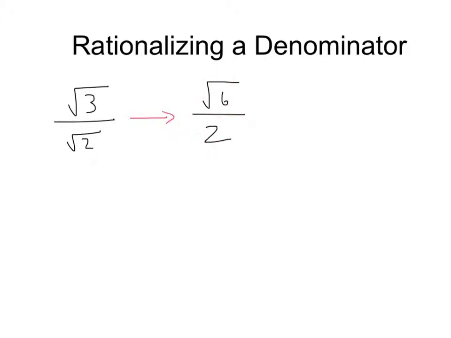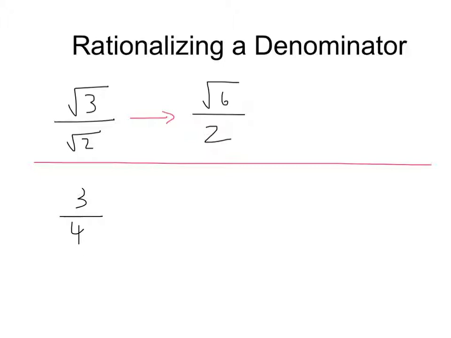Let me show you something to the side. I want you to think of what we're going to do kind of like this. Imagine we had the fraction 3/4, and we wanted to write another fraction that has the same value as 3/4.